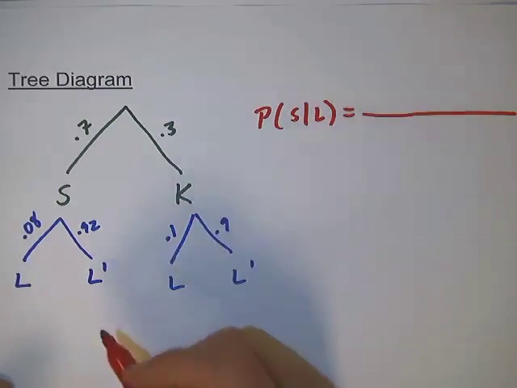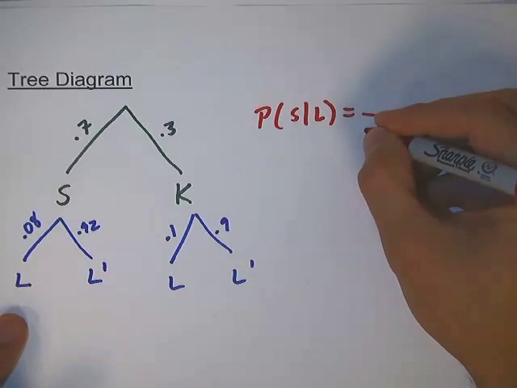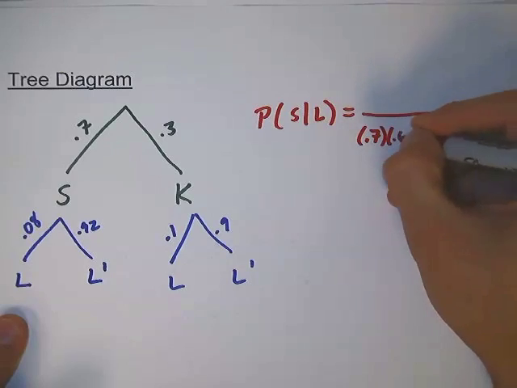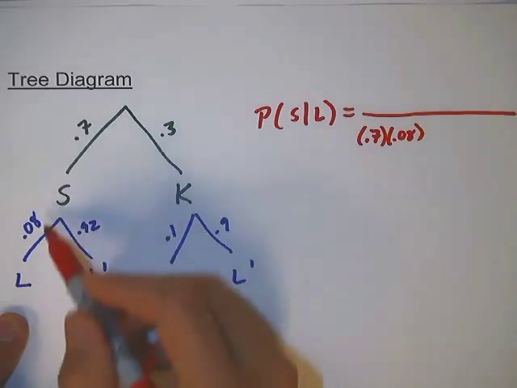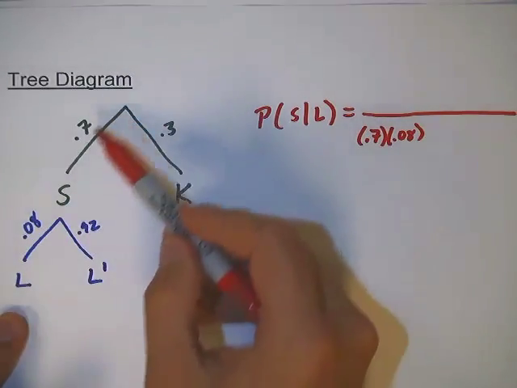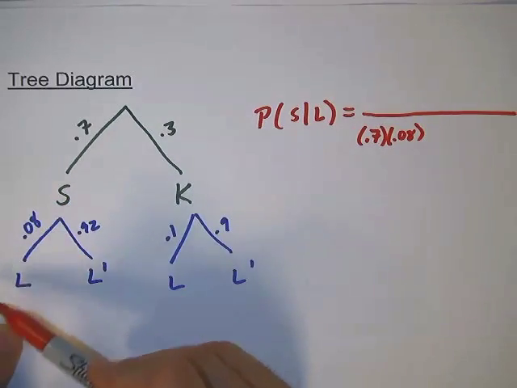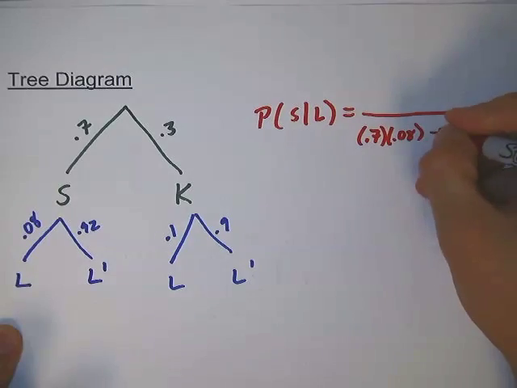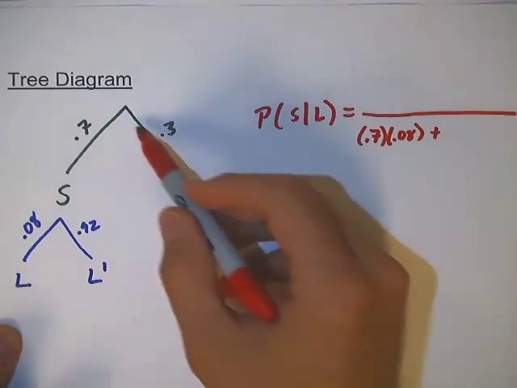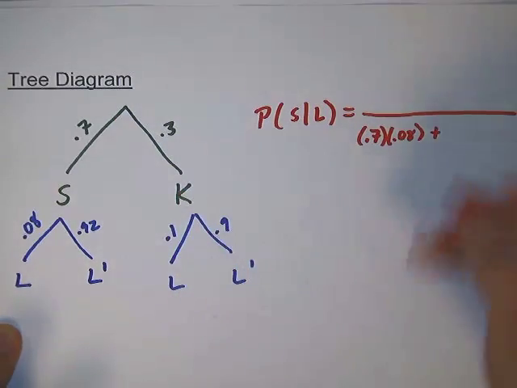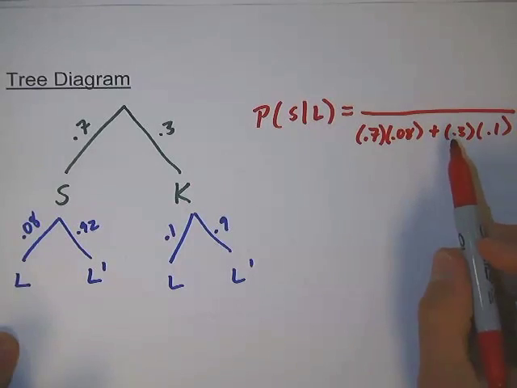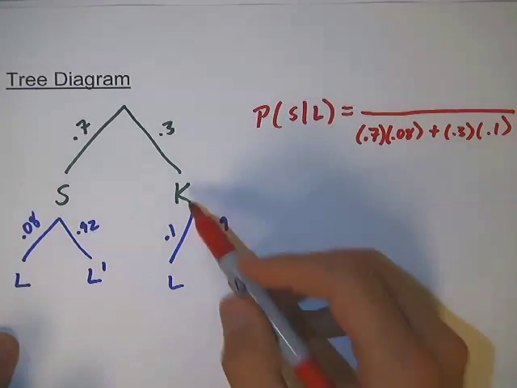So we need to determine each of those probabilities. This would be the probability of Speedy and late, so the probability of S times the probability of late given S. And then plus the probability of Quick and late, so 0.3 times 0.1. This is the probability of Quick times the probability of late given Quick.